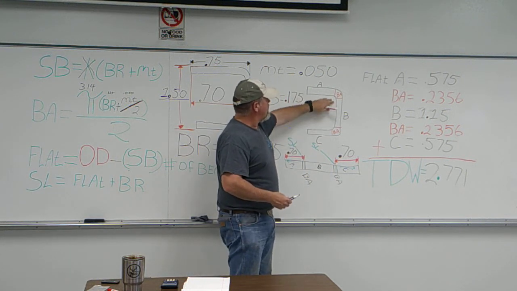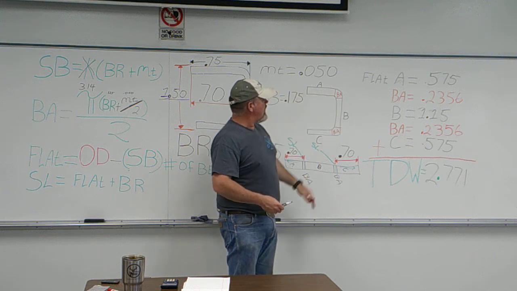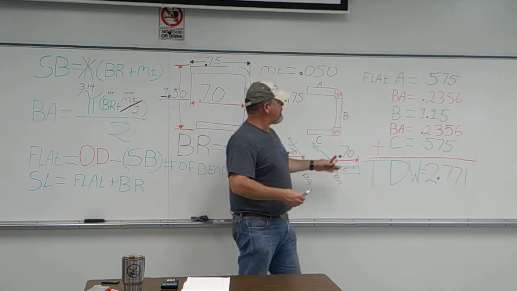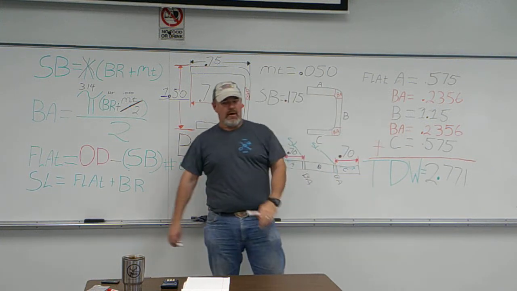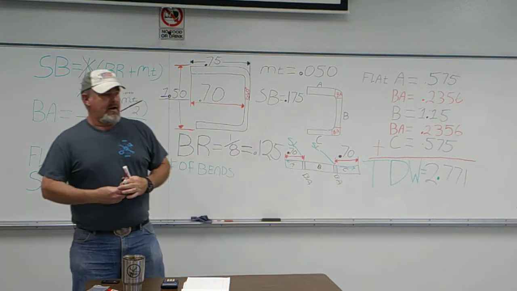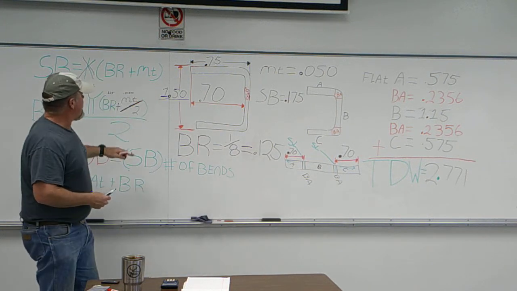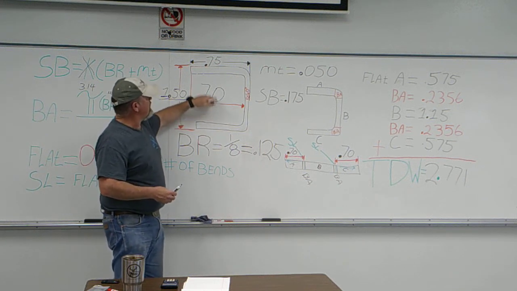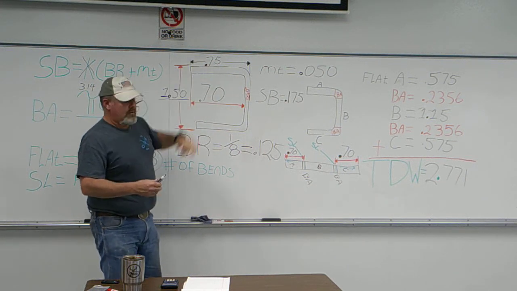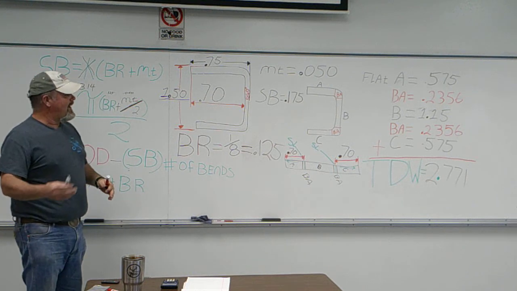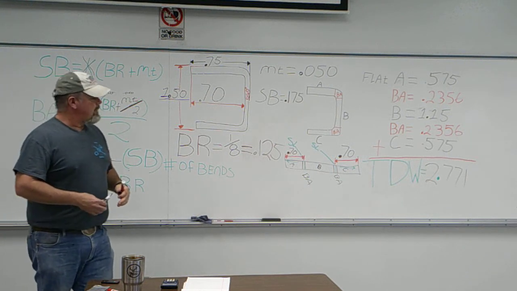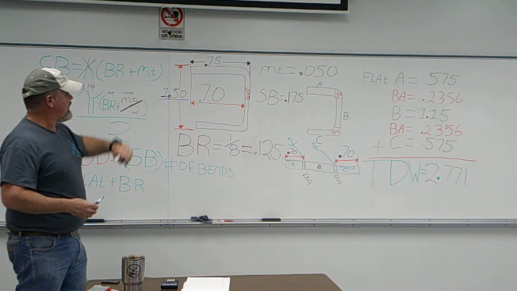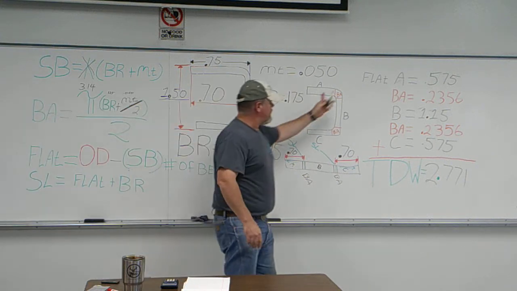If you have a flat with two bends on either end, you have to take setback off twice to get the correct flat measurement. That is from the outside dimension. Here we have an indication of 0.70. We had to add material thickness of 0.05, and that allowed us to come up with 0.75, which allowed us to come up with the correct calculations here.